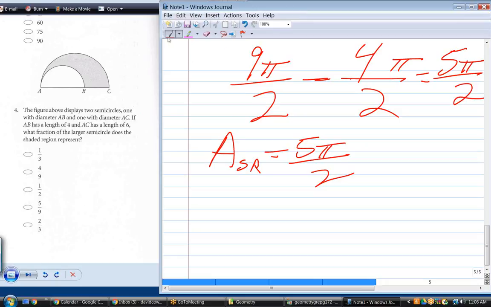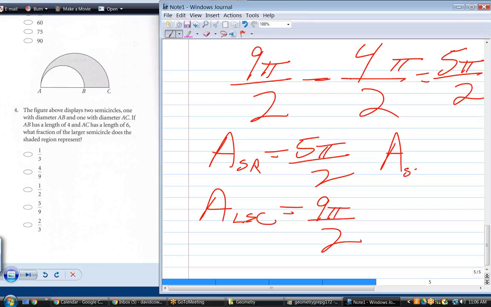Here's the area of the shaded region. Here's the area of the large semicircle, and that was 9 pi over 2. And our third thing that we calculated was the area of the small semicircle, and that was 2 pi.